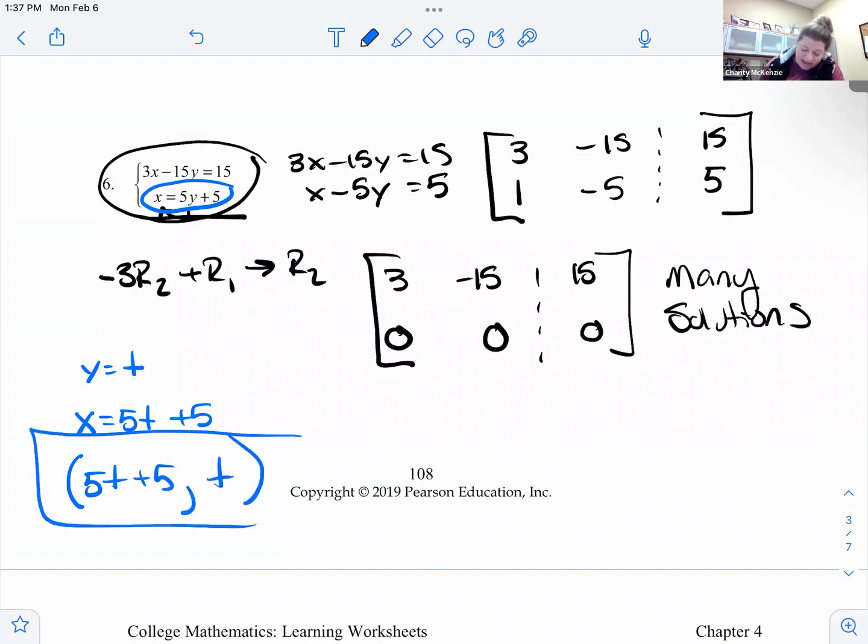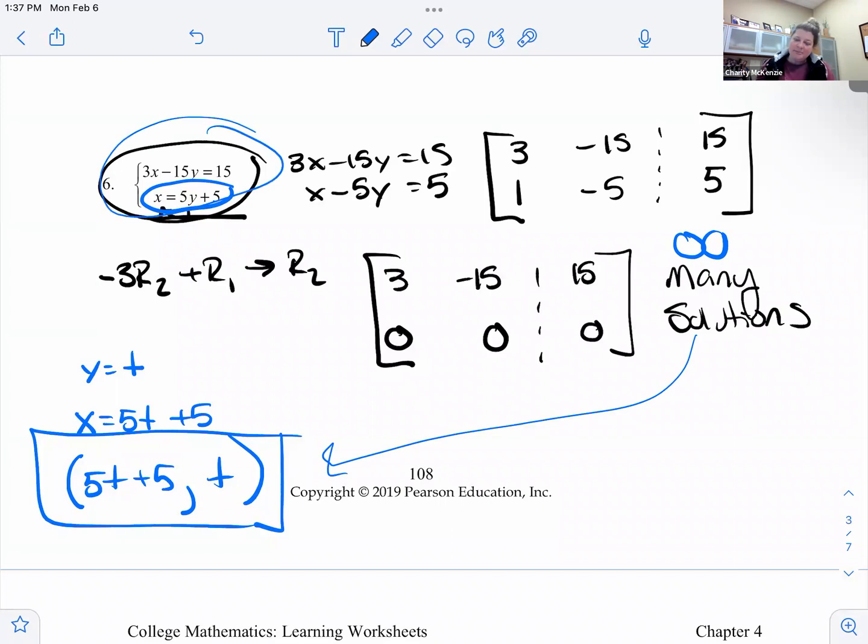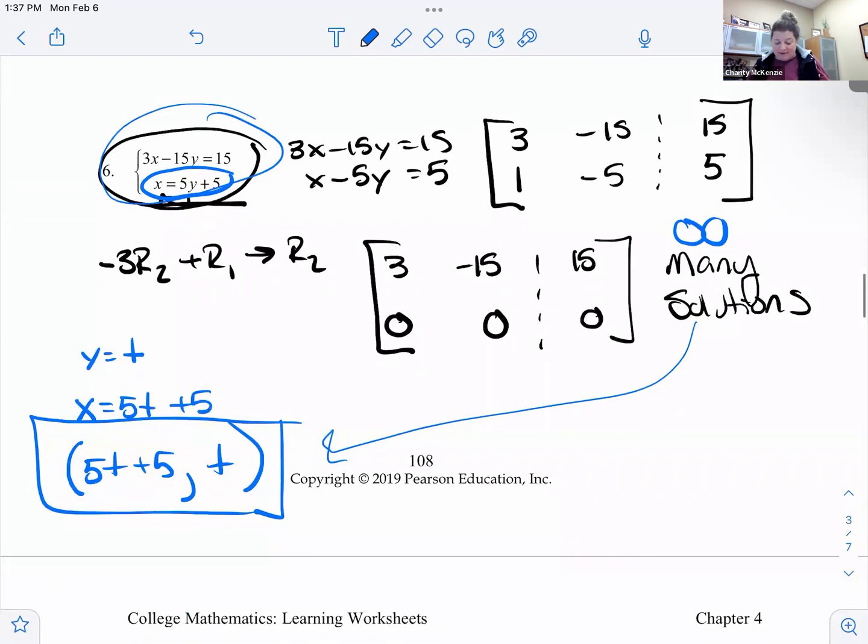This is the solution. So I can't just say there are many solutions, because there are infinitely many solutions, right? Infinitely many, but really they have to meet this rule. They just aren't random solutions. They actually are on this graph. They're the same graph, and all of our points are on that graph.